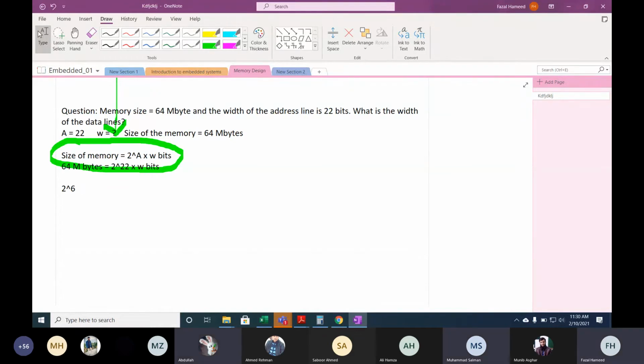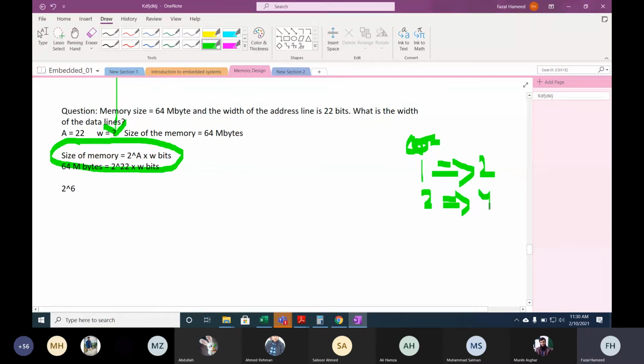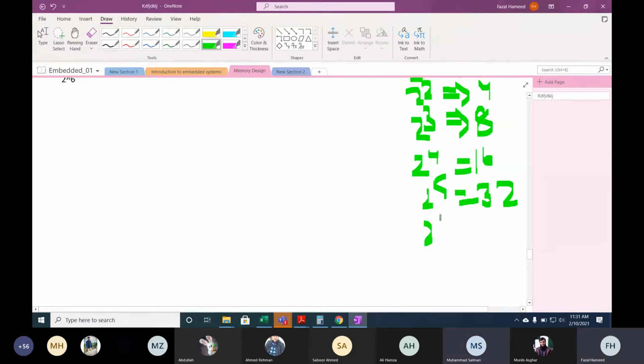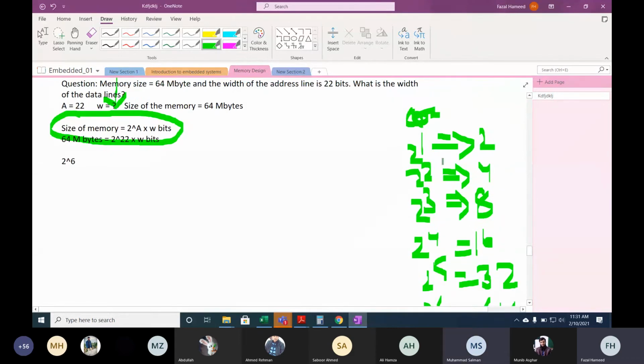And you should remember this formula. 2 to the power 1 is equal to 2. 2 to the power 2 is equal to 4. 2 to the power 3 is equal to 8. 2 to the power 4 is equal to 16. 2 to the power 5 is equal to 32. 2 to the power 6 is equal to 64, and so forth. You should remember this formula. Maybe it will be very easy for you.